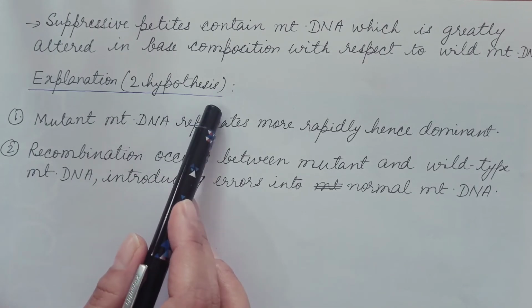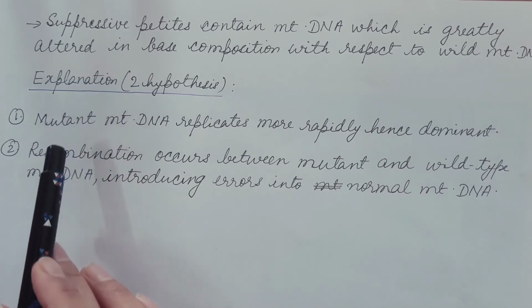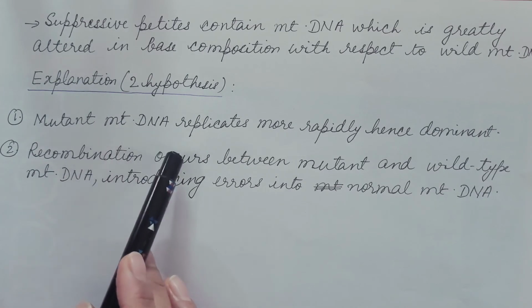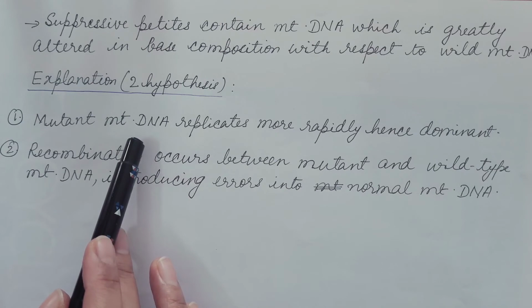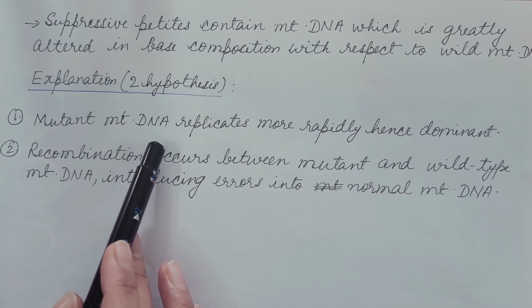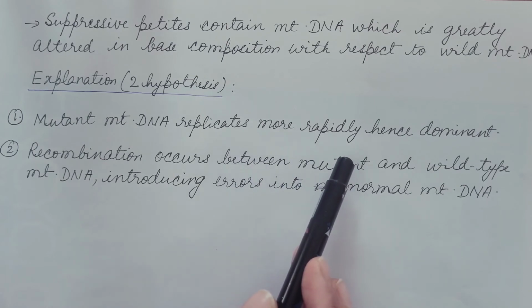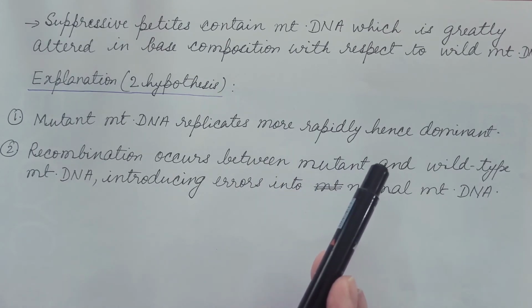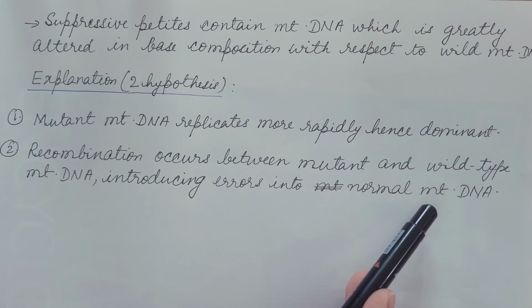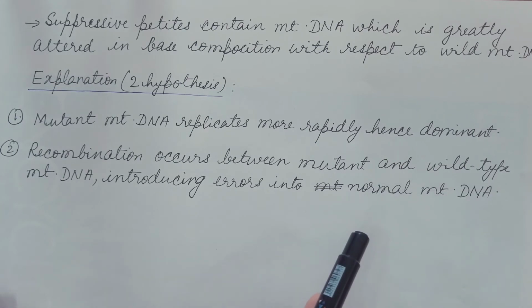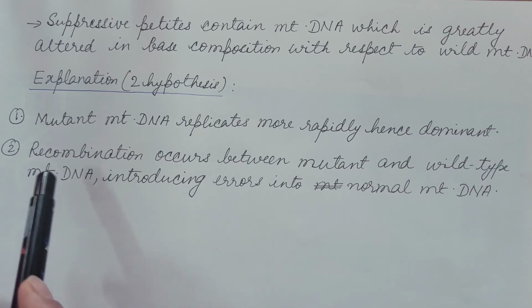There are two hypotheses to explain this result. Mutant mitochondrial DNA that is present in the suppressive petite replicates more rapidly compared to the wild mitochondrial DNA in the zygote, as a result of which most of the progeny are petites.